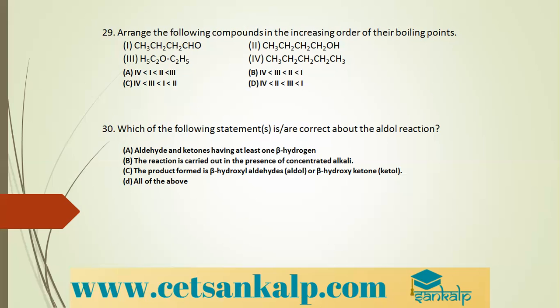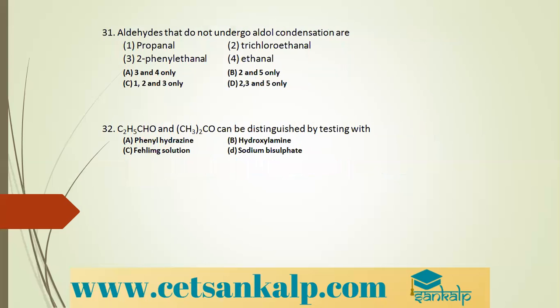So usually we take a weak base or sometimes dilute alkali, right? The product formed is beta hydroxyaldehyde, aldol, or beta hydroxy ketone. Obviously, yes. So the correct statement is option C.